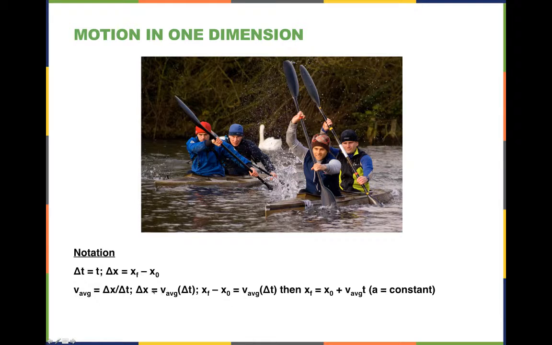So if we substitute for delta x this expression right here, we end up with this. Then if we move x0 over, we end up with the final position is equal to the initial position plus the average velocity times the elapsed time, assuming that acceleration has not changed.